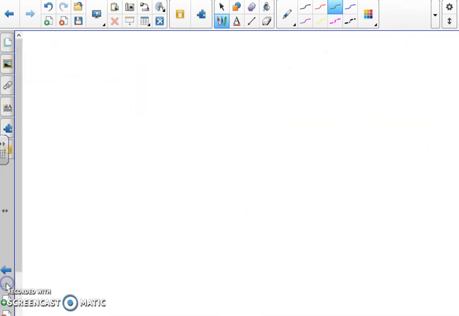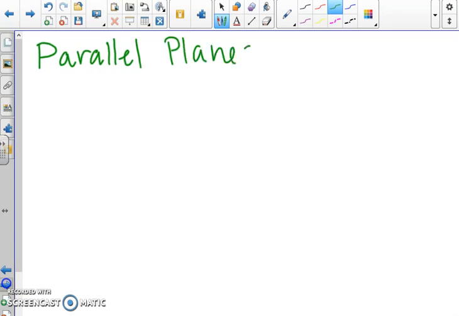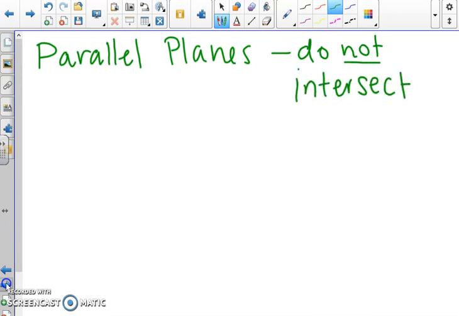All right, so we talked about parallel lines. Now let's talk about parallel planes. Parallel planes, just like parallel lines, do not intersect. And when you draw them, they kind of look like shelves hovering over one another.